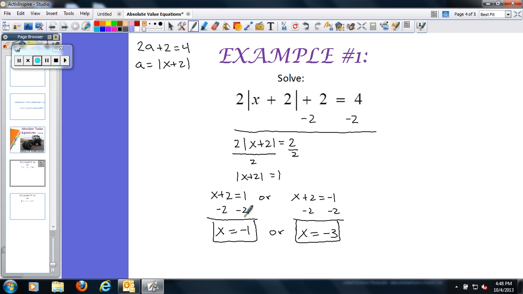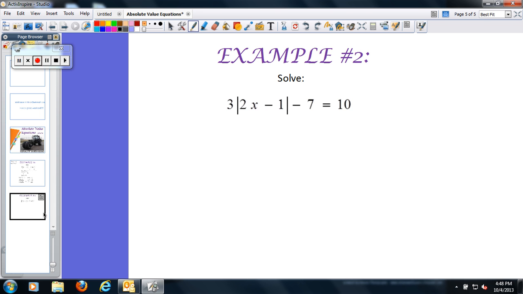On the first equation I subtracted 2 from both sides to get my answer, and the second equation is solved the same way. This is always going to hold true. When you get rid of your absolute value symbols and make your two equations, you solve them the exact same way always. The only thing that's going to change is your answer.